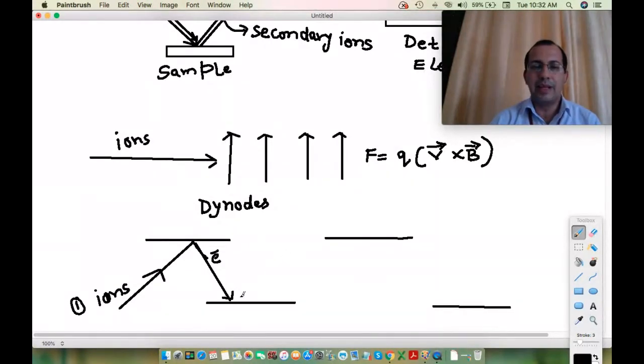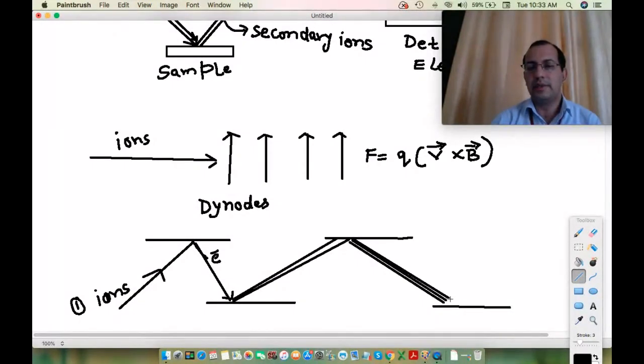This process will be multiplied into thousands and thousands of electrons going to the detector. Can you assume how many electrons can be produced corresponding to one ion?